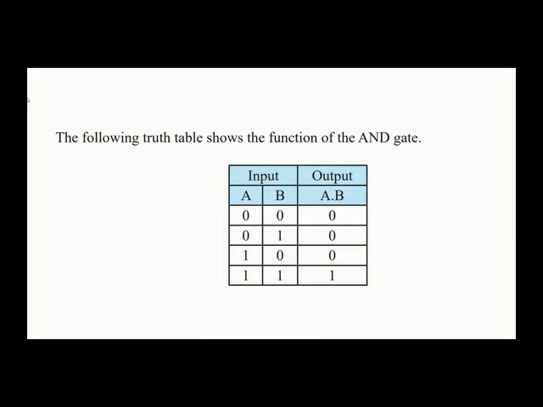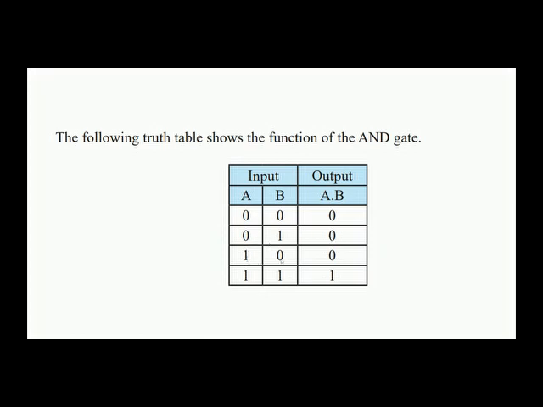So we have inputs A and B. In the state where we have no electric signals, that means 0, 0, the output is also 0. Then we have A 0 and B 1, only one is on, but the output is 0 again.